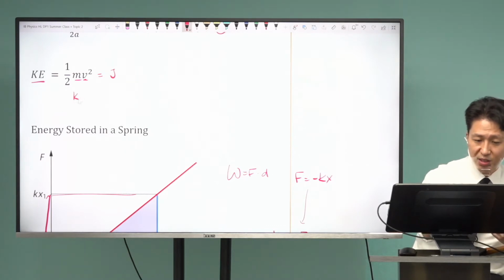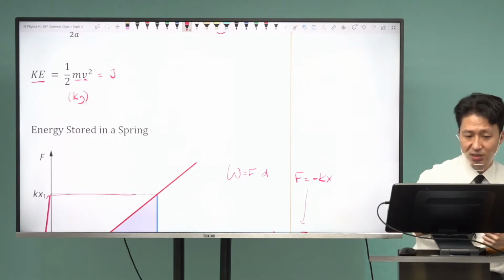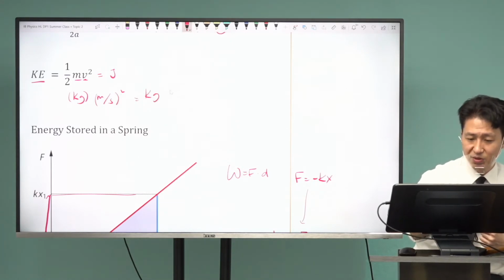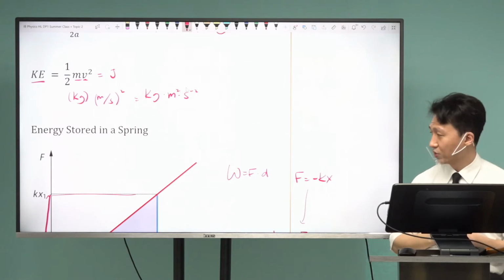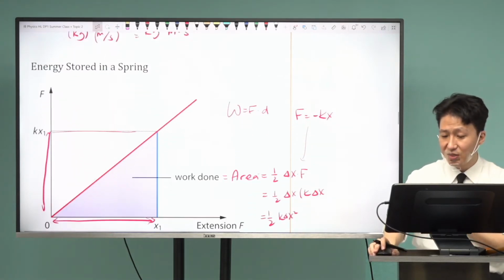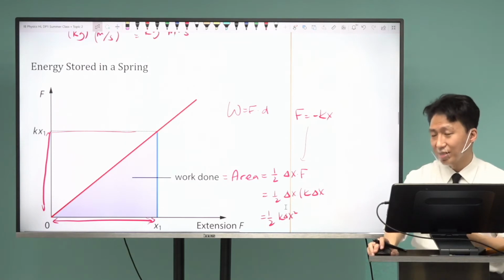It was kilograms for mass, meters per second for velocity. And if you square this, you get kilograms times meters squared per second squared, right? You should get something similar for this here. Of course, not only similar, it has to be the same thing. We're talking about energy.